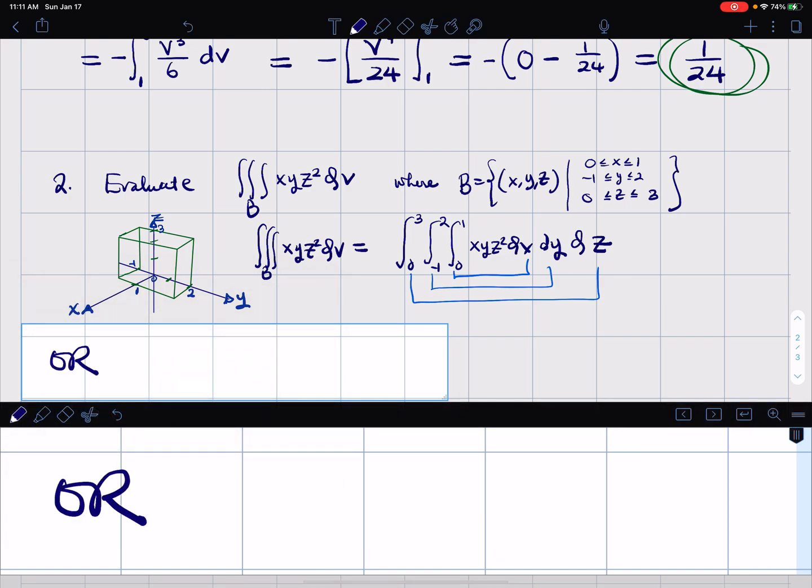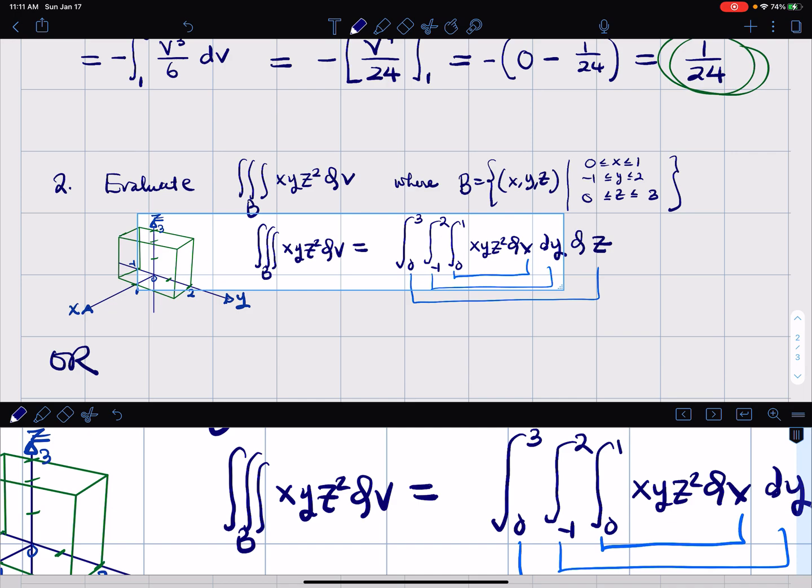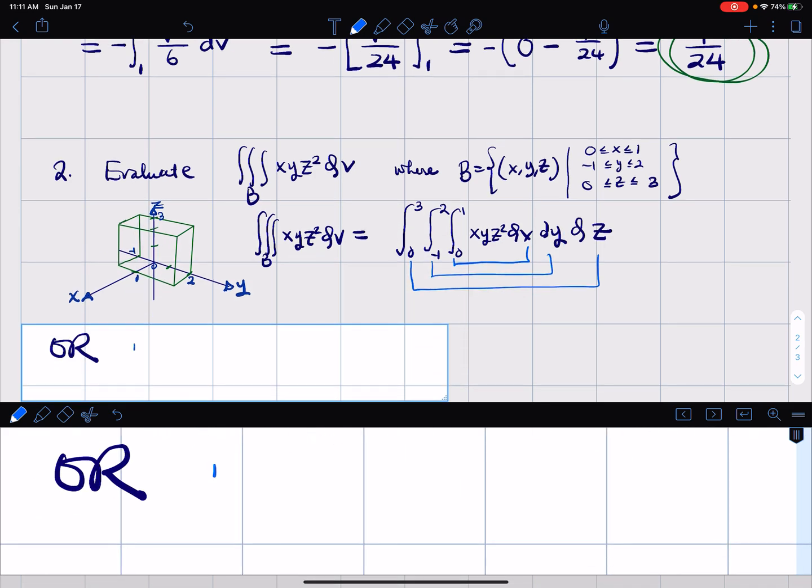But I have mentioned this before, and I'm going to mention it again. If you can separate your integral, two conditions. One, xyz squared, let's do this.